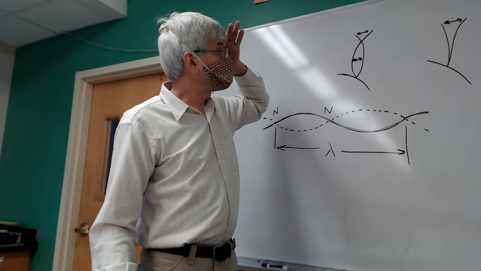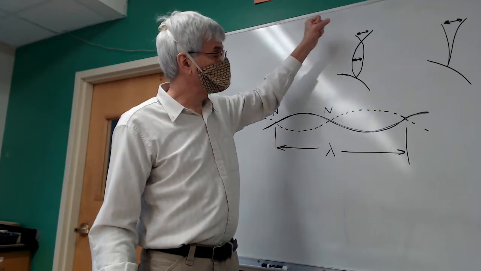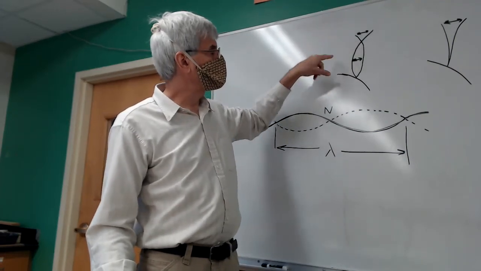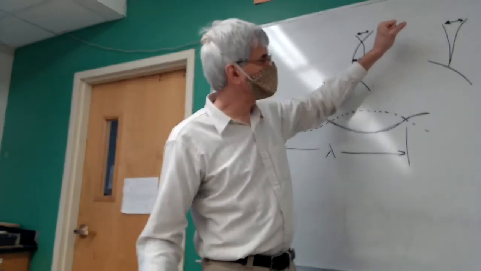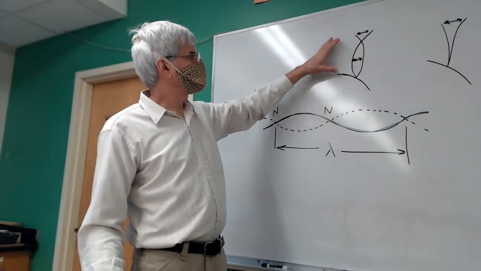And you also have to have an antinode at a free end, at least if it's a completely flexible line. Antenna wouldn't be quite that flexible, but similar story.